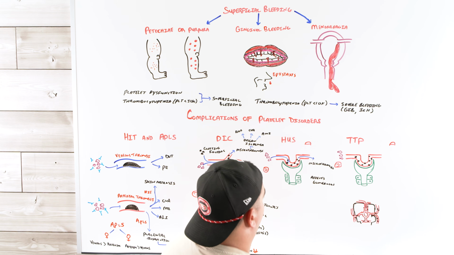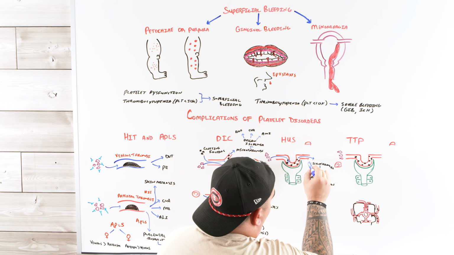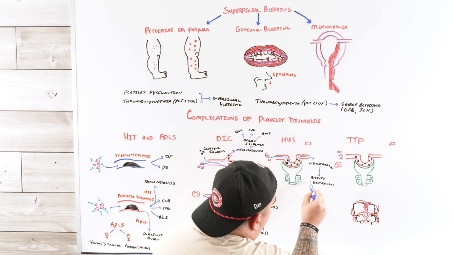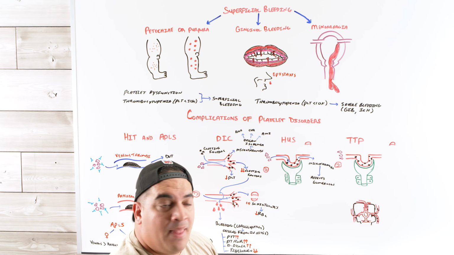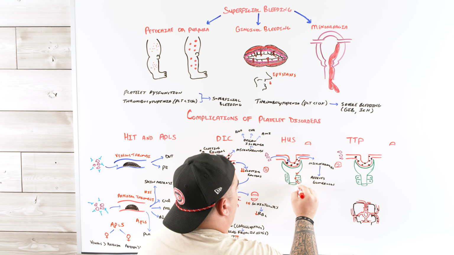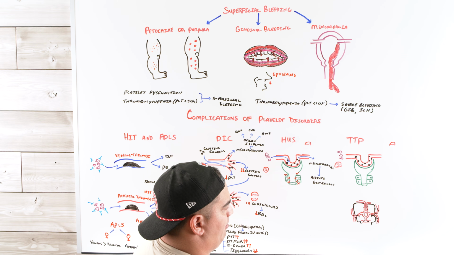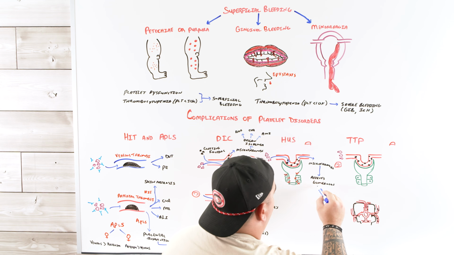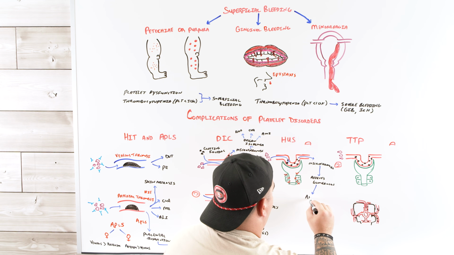Now, if I get these microthrombi in the glomerulus, not only do I impede the filtration, but I impede the blood flow. So I impede the oxygen supply to the actual tubular cells. And so this patient will experience some type of deterioration in their renal function, and this can lead to an acute kidney injury.